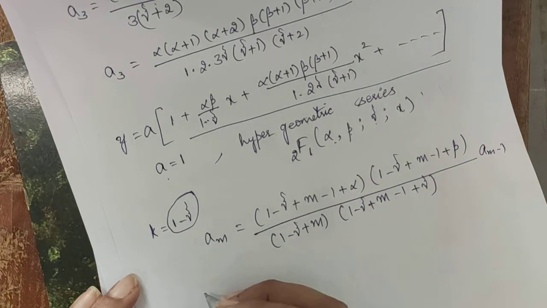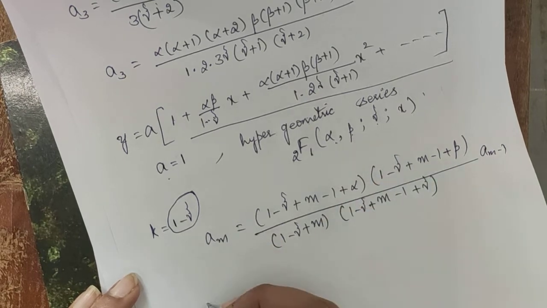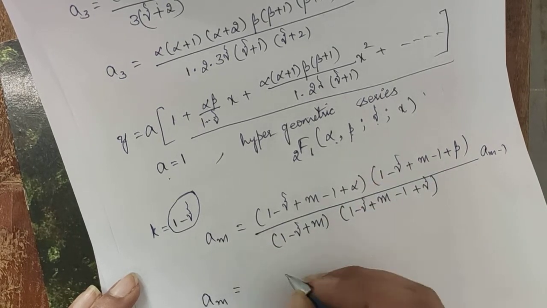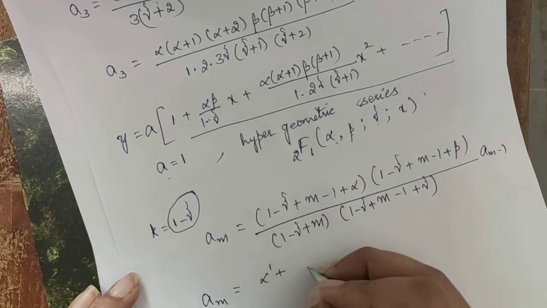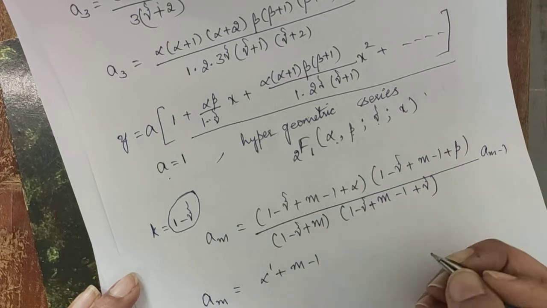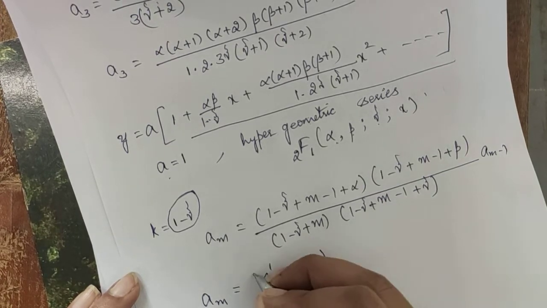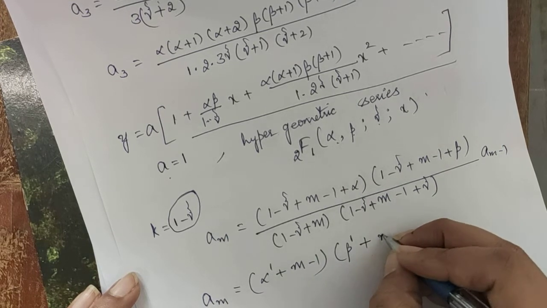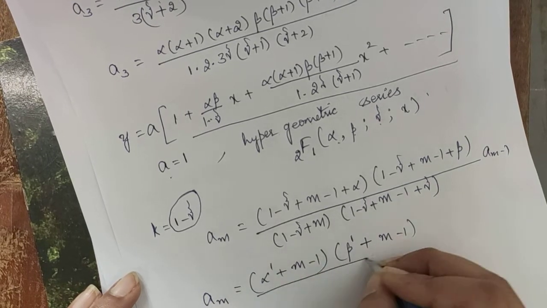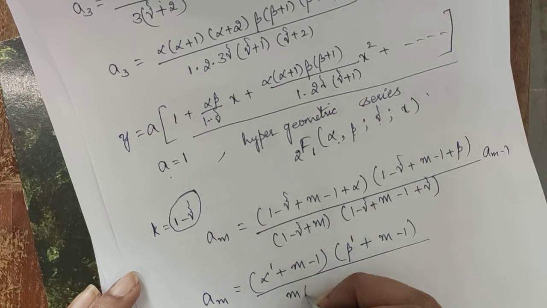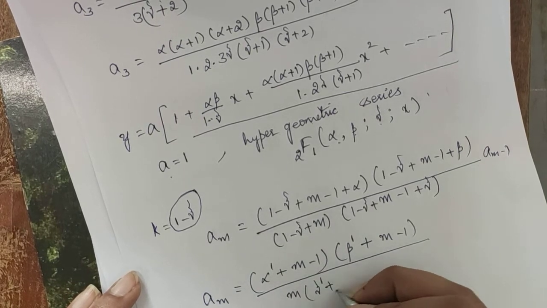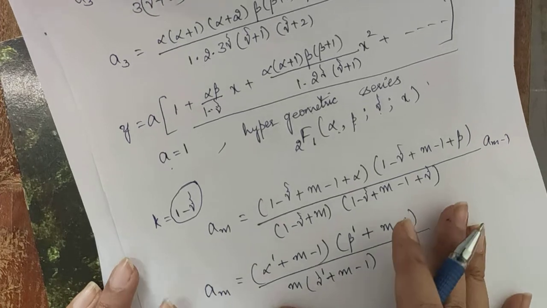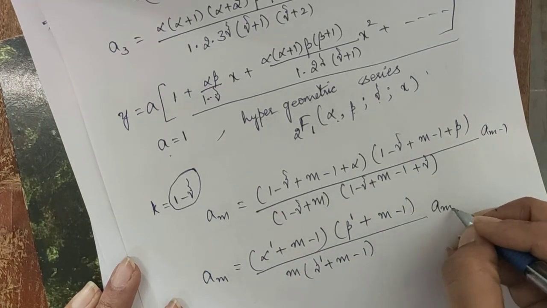So to make this short, I will write this as a_m is equal to (alpha dash plus m minus 1) into (beta dash plus m minus 1), whole divided by m into (gamma dash plus m minus 1), into a_(m minus 1).